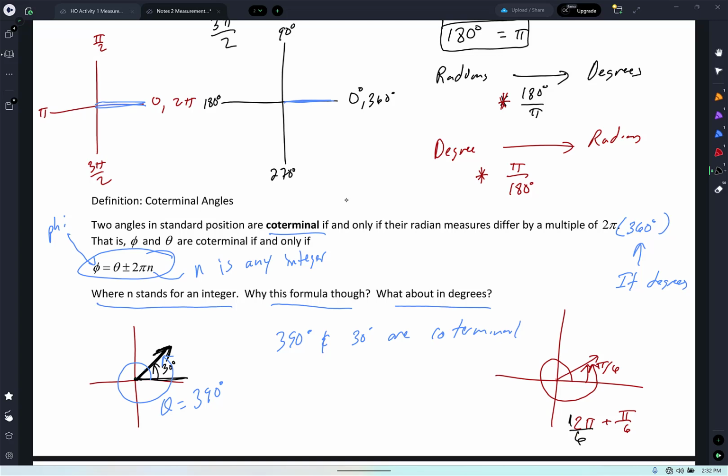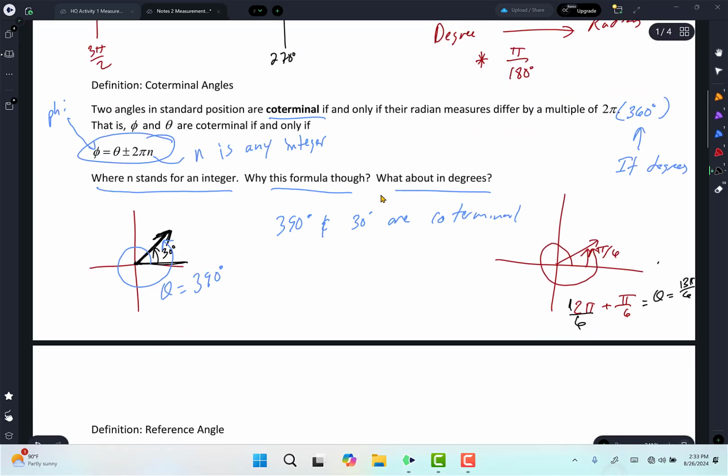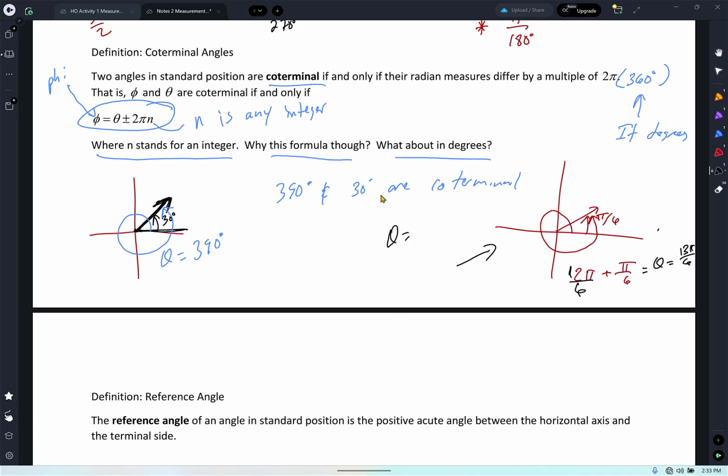See, 12 pi over 6 is still 2 pi. So pi over 6, and what is this one? Theta equals 12 plus 1, 13 pi over 6. So theta equals pi over 6 and 13 pi over 6 are both coterminal. They create the same ray.